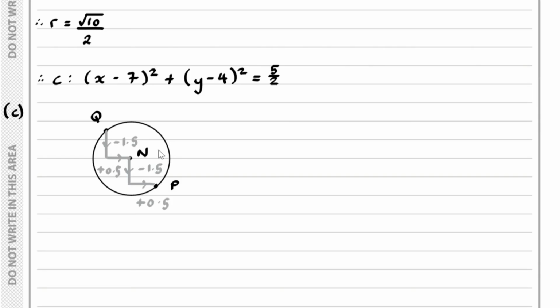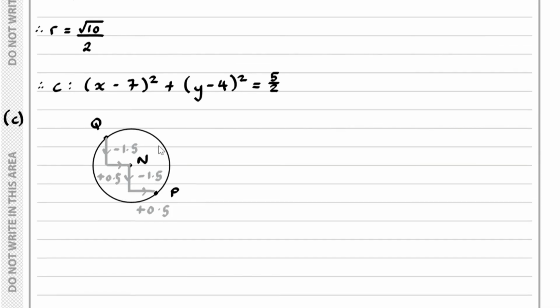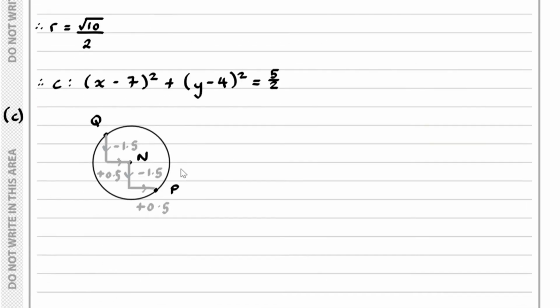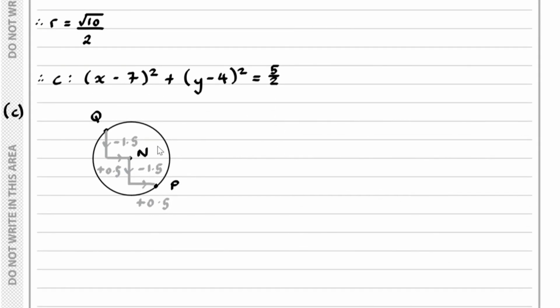So currently we've got the coordinates of N being 7, 4. If we go back to the question, we've got 7, 4. Here we've got 7.5, 2.5.